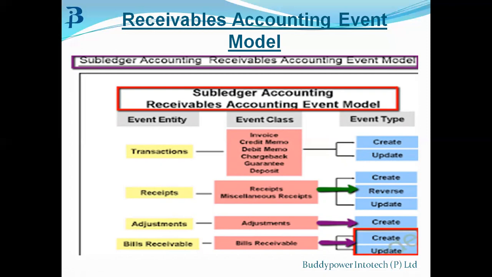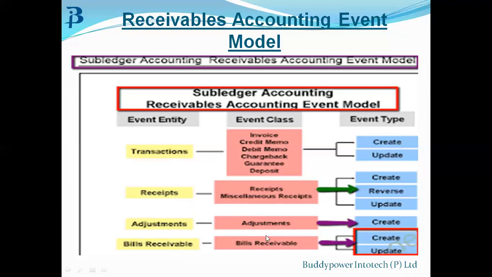You should understand the receivables accounting event model, because the model classifies receivables accounting events, which are the basis for creating subledger accounting. As a foundation of the event model, Receivables predefines the event entities. Event entities enable Oracle Subledger Accounting to handle the accounting for similar business events in a consistent manner. The event entities for Receivables are transactions, receipts, adjustments, and bills receivable.